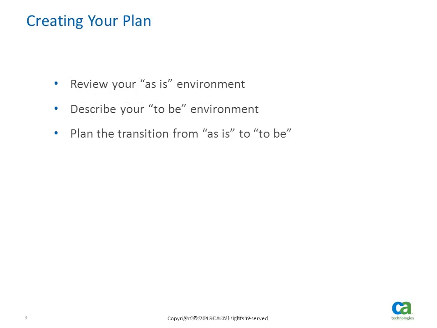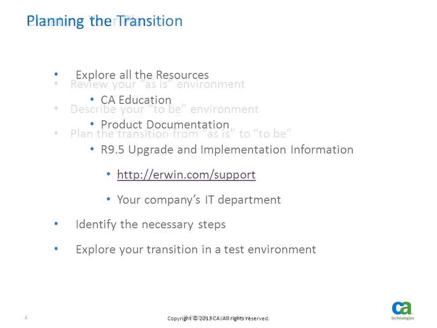For your planning, you want to review your as-is environment, describe your to-be environment, or the environment that you're trying to get to, and then plan your transition from the as-is to the to-be. You want to explore all the resources. We have CA Education, our product documentation.